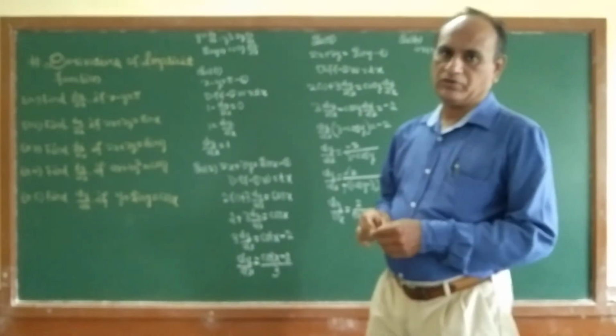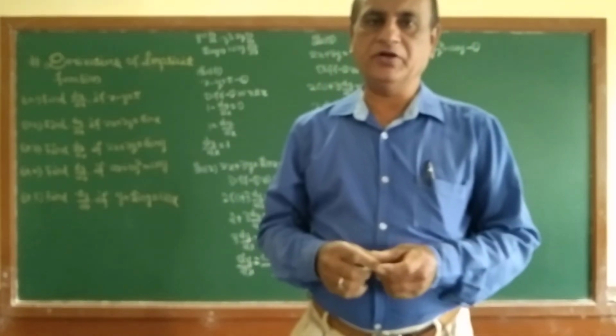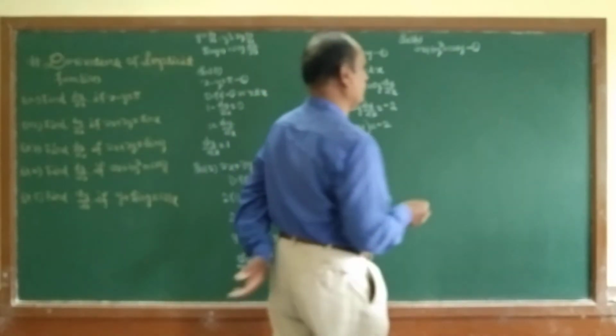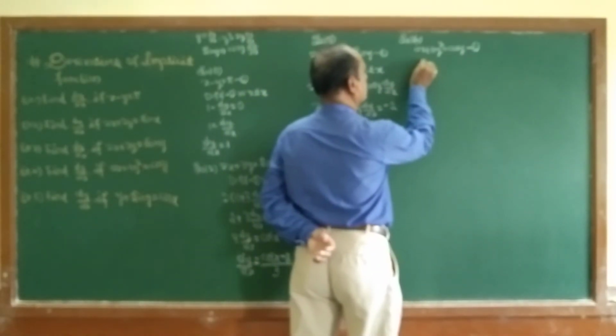Here y is equal to is not given, so the problem depends on an implicit function. Differentiate equation number 1 with respect to x.